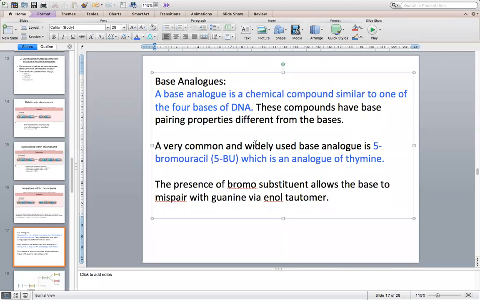It has to pair with adenine. However, it has a bromo substituent, and this bromo substituent will cause it to mispair. So what will it do? It will pair with guanine. Guanine is supposed to pair with cytosine, however, here in this case, thymine is pairing with guanine. As a result, it is leading to mutation.